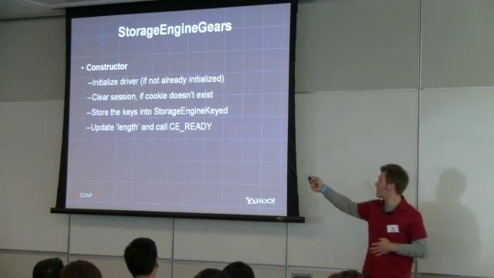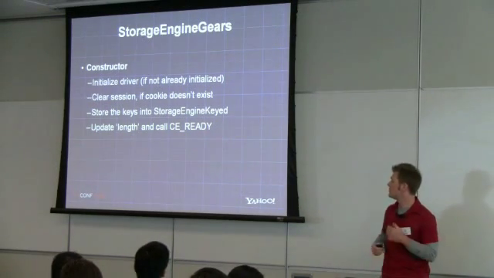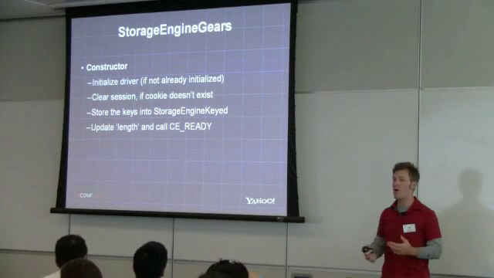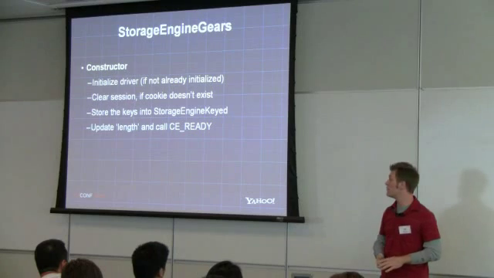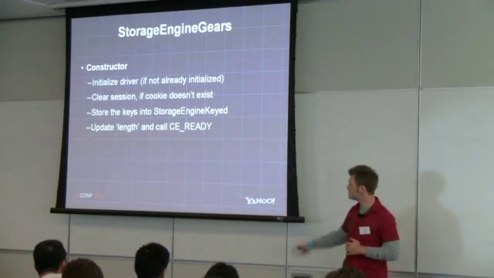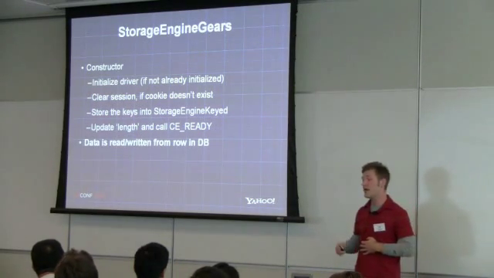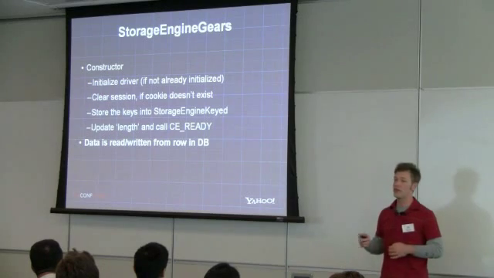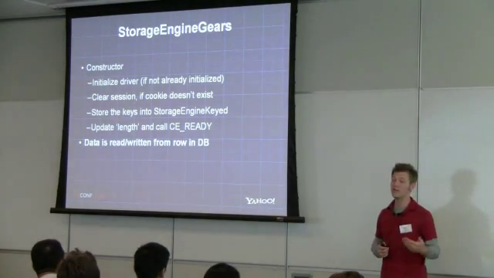So with Gears, we delegate to storage engine keyed to queue up all of the keys and put them in a place that's available to use in the JavaScript. And we update the length, and we call the ready event. Anytime there's data that needs to be read or written, it's going to delegate to Gears, which is going to read or write to the database.